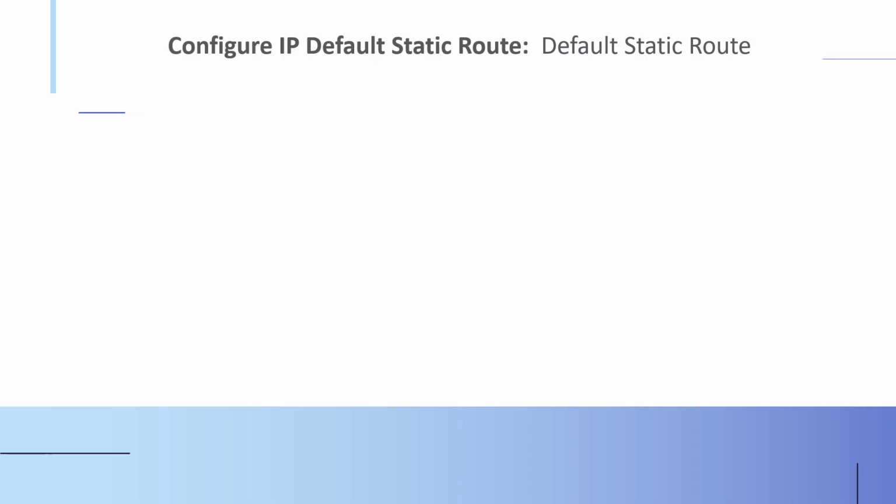Instead of routers storing routes for all of the networks in the internet, they can store a single default route to represent any network that is not in the routing table. Routers commonly use default routes that are either configured locally or learned from other routers using a dynamic routing protocol.